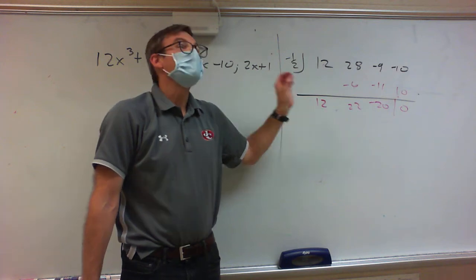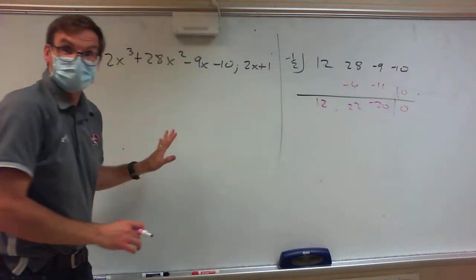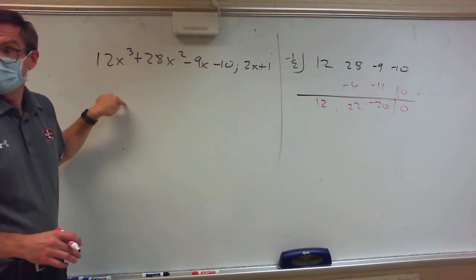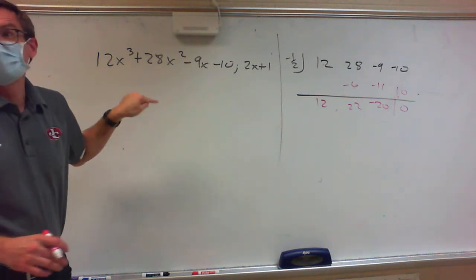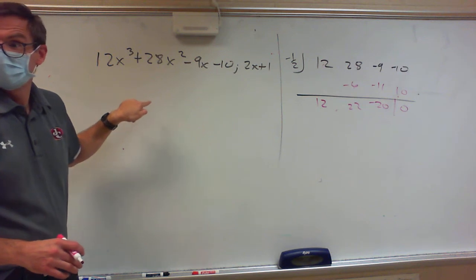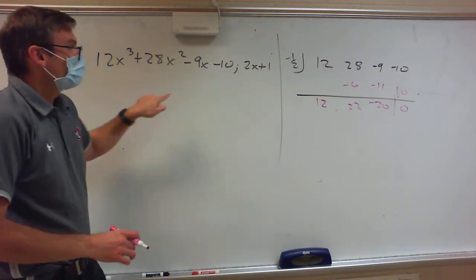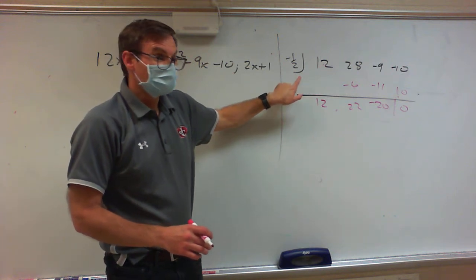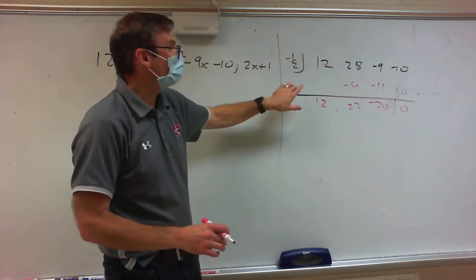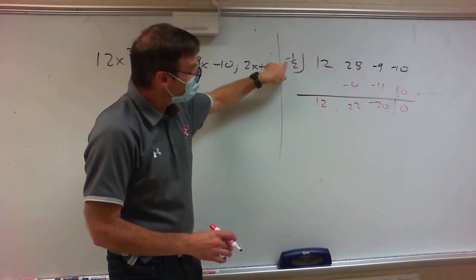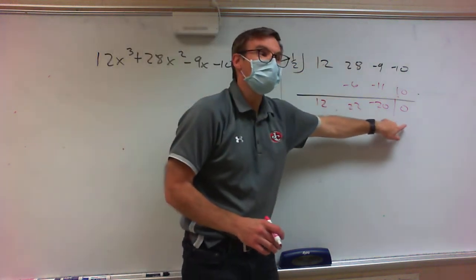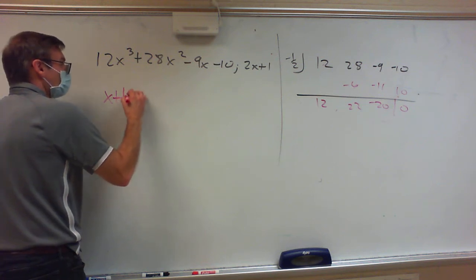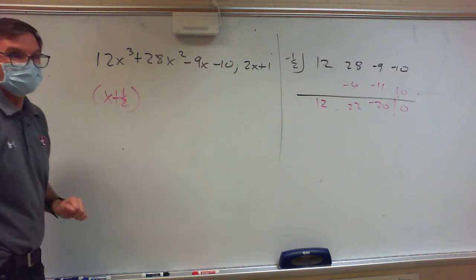Okay. Now, here's what we need to talk about. I want to talk about what goes here, because what goes here may not be what you expect. Based on this information, anytime you do synthetic division, if negative 1/2 gives you a 0, that means x plus 1/2 is the factor.